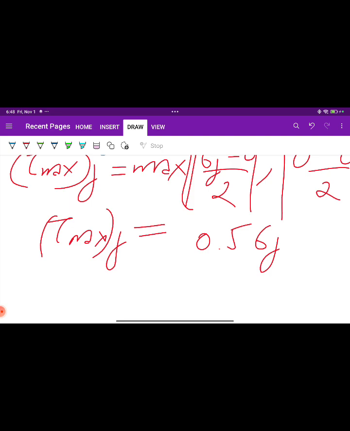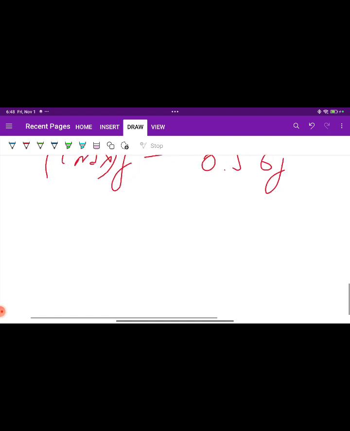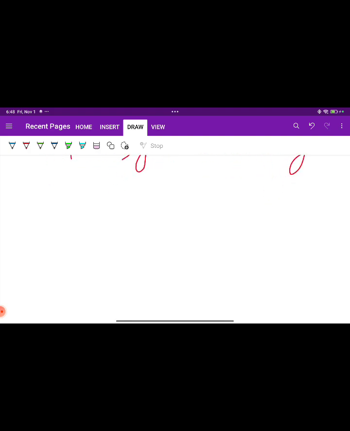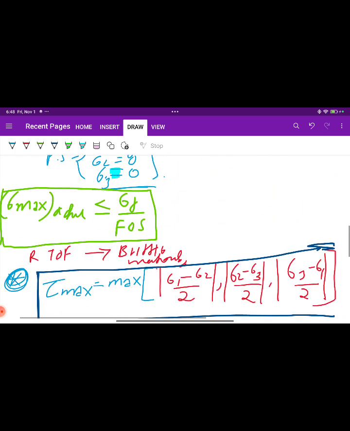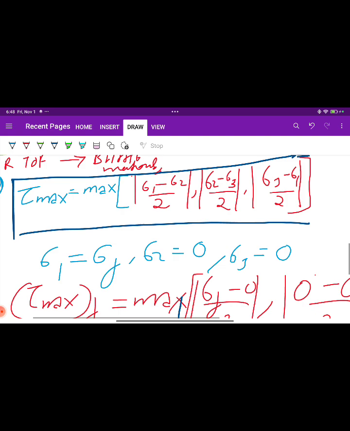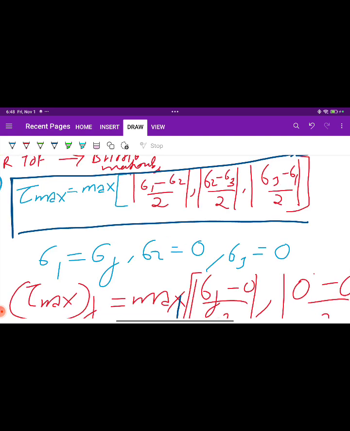Then now we are going to talk about another section which is important for us to know. Right now, what we have studied is Tresca and Guest theory of failure, or we can say the maximum shear stress theory of failure.